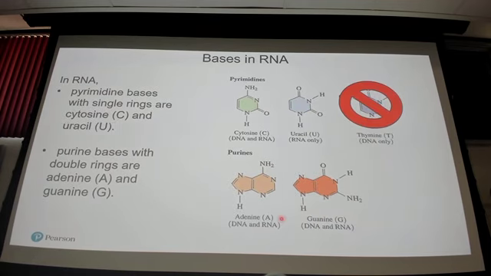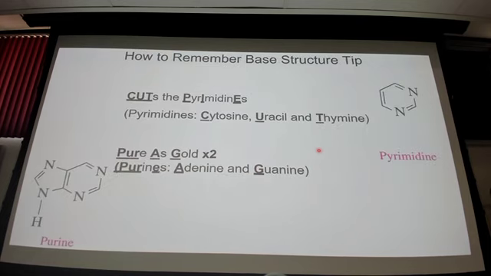Now, RNA contains cytosine and also contains adenine and guanine, but instead of thymine, which is contained only in DNA, uracil replaces the thymine. So that is one of the differences between RNA and DNA.